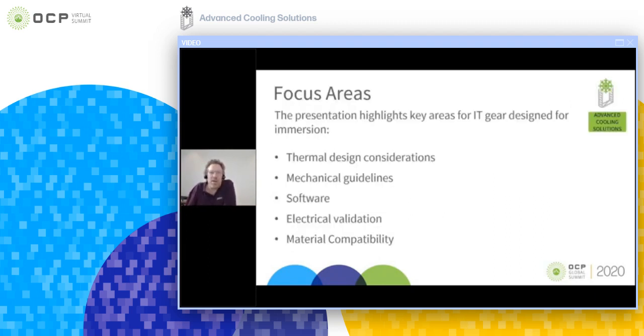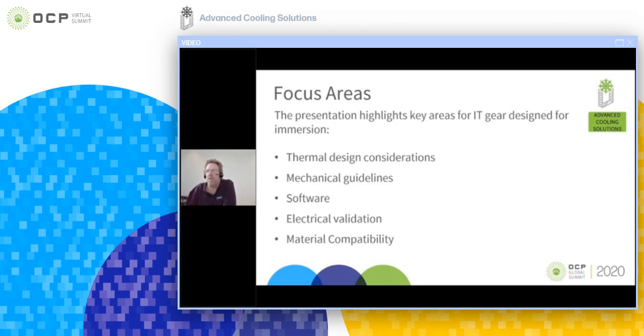The focus area of this white paper is to highlight key areas for IT gear which is designed for immersion. This presentation will cover the thermal design considerations, mechanical guidelines, some software adjustments that are relevant to consider, electrical validation and material compatibility, and all these aspects are relevant for optimized IT equipment for immersion.